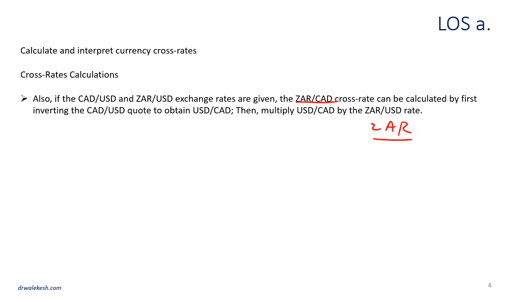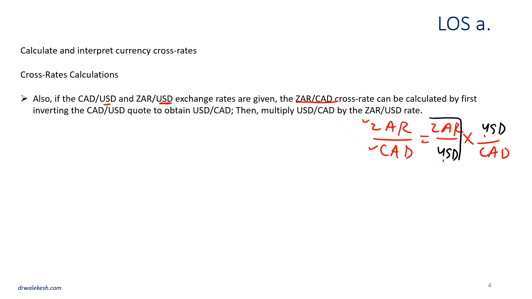South African rand per Canadian dollar will be equal to this South African rand divided by a question mark, or we could simply say the third currency, times a question mark divided by Canadian dollar. The third currency here is obvious, it is the US dollar. So I can change this to US dollar. I can also change this to US dollar.